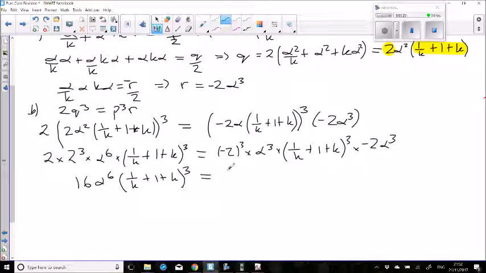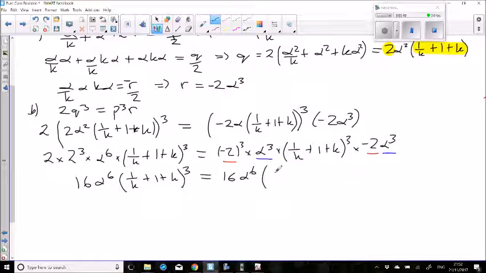So over here, you can see I've got negative 2 cubed times negative 2. So that's negative 2 to the power of 4. That makes it an even power, so it'll come out as a positive number, which is 16. And if you're not sure, you can try it out in your calculator. I've then got alpha cubed times alpha cubed, so that makes alpha to the 6. 3 plus 3 is 6.